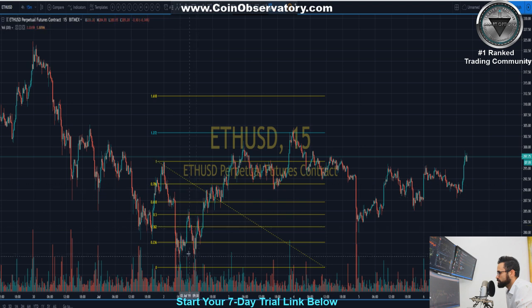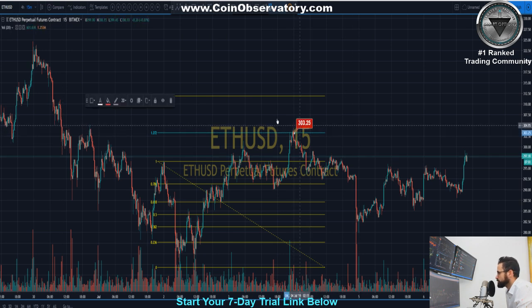So if one was to long here based on what they're seeing, whether it was the skewed inverse head and shoulders or even long here on this flag, fibbing this impulse move, right? This impulse move down to get upwards extension gives us exactly where this trade turned around, right?